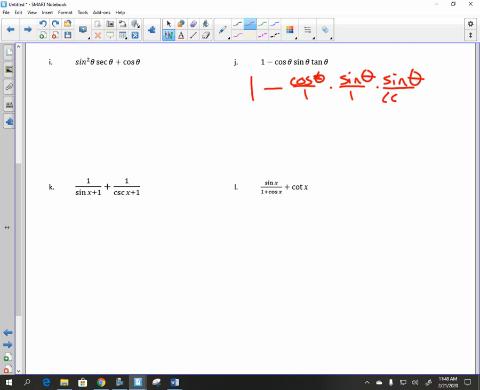Okay. So, it's like, hey, you don't know what to do, just try something. Is that going to help us at all? How? Excellent. So you can see the cosines cancel. 1 minus sine squared. What's 1 minus sine squared? Cosine squared.